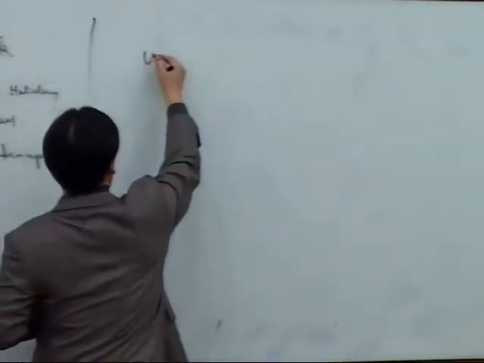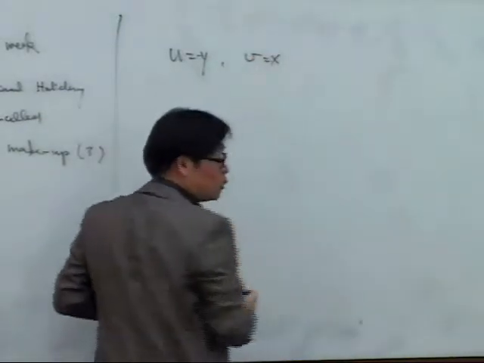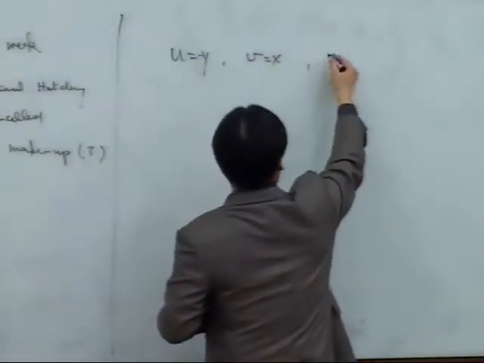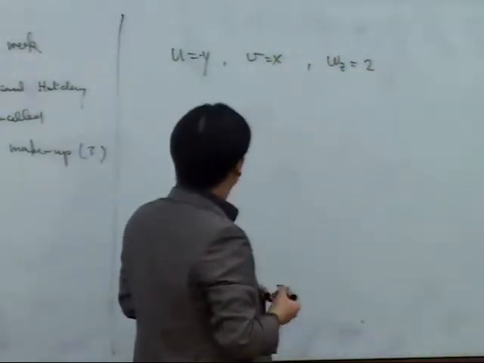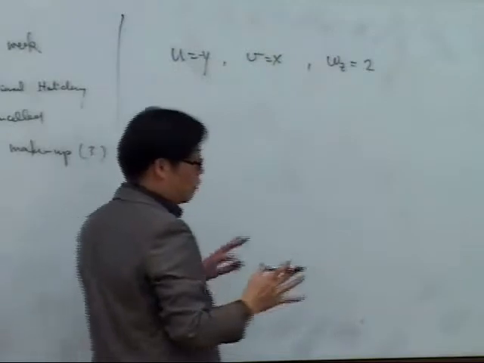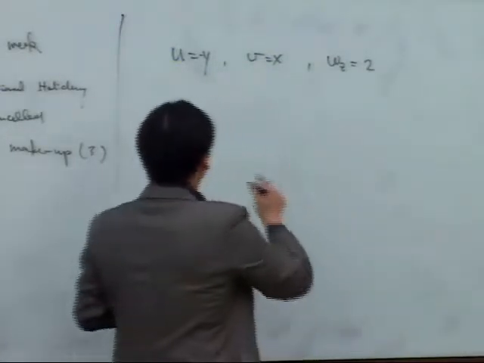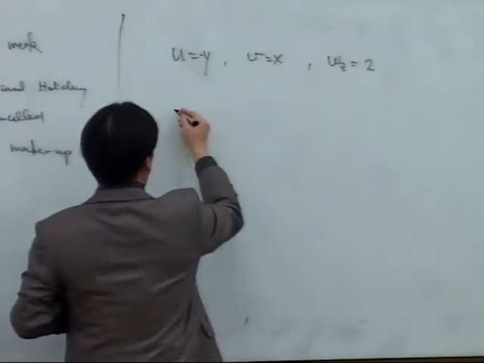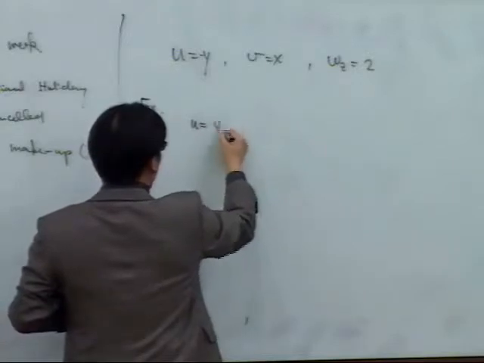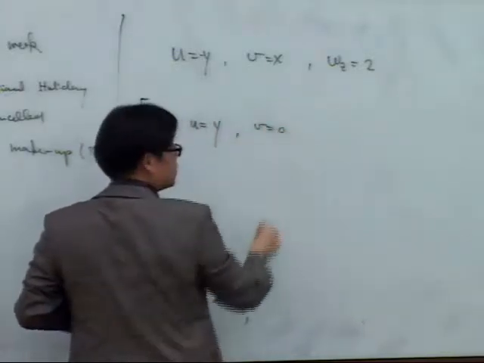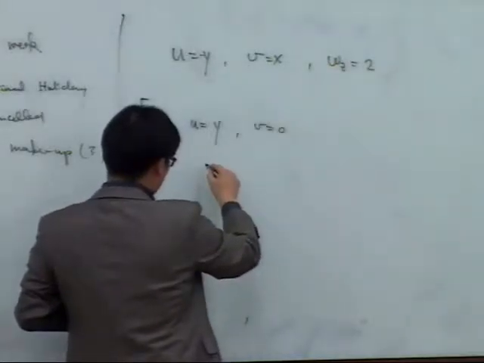As an example, we used u is y and minus y, v is x last time to show that omega z is 2, right? That's what we did. But a fluid element doesn't have to rotate as a whole. You can have a rotational flow like this. Another example is u is y and v is 0. So this time, what happens?